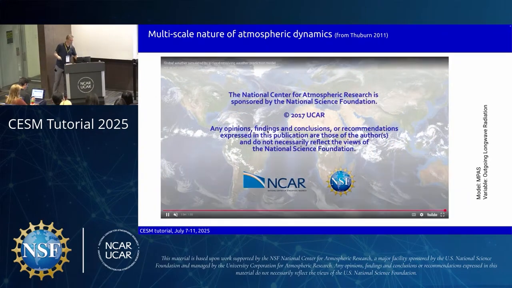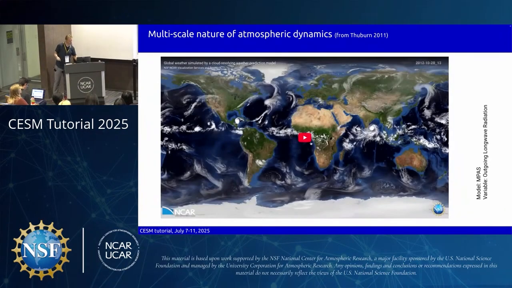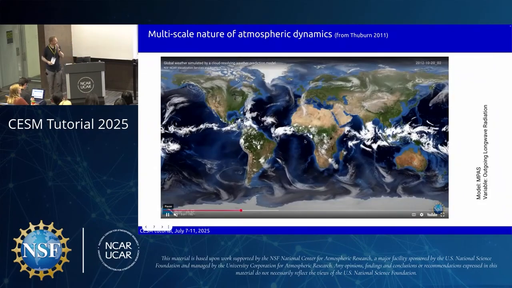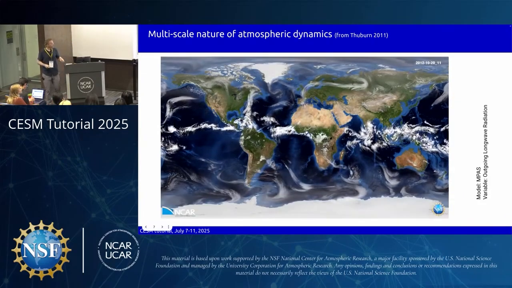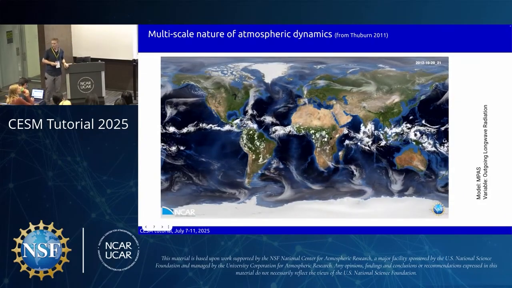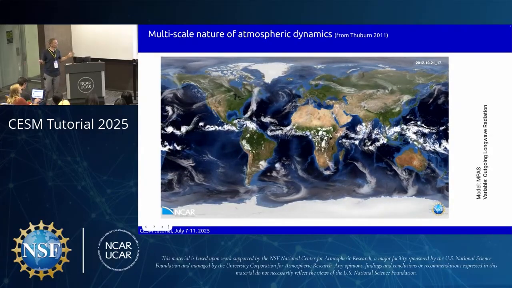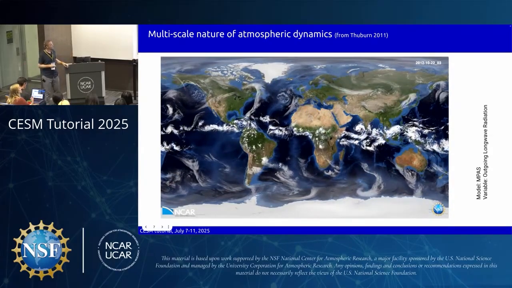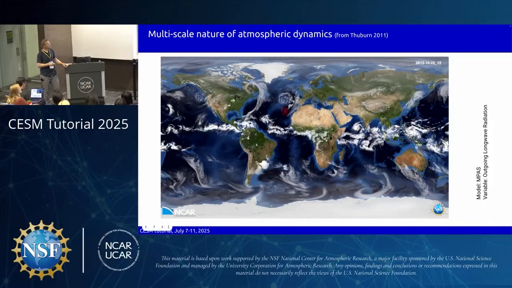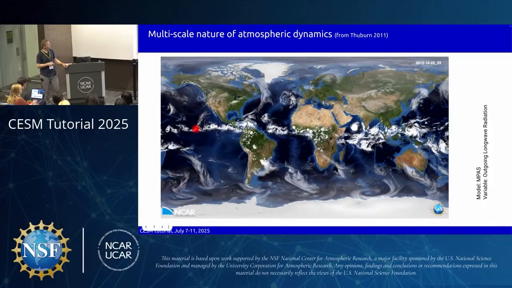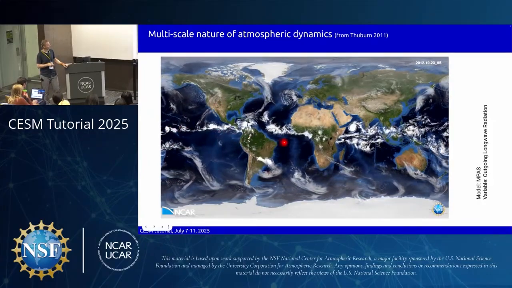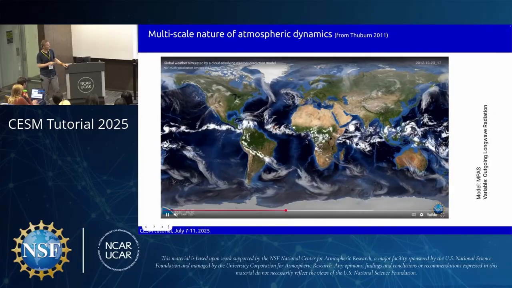Let's see if I can play that again. And then you have convection. So convection can be organized on a huge variety of both time and space scales. So in the tropics, you have these very massive systems developing here that are like thousands of kilometers across.